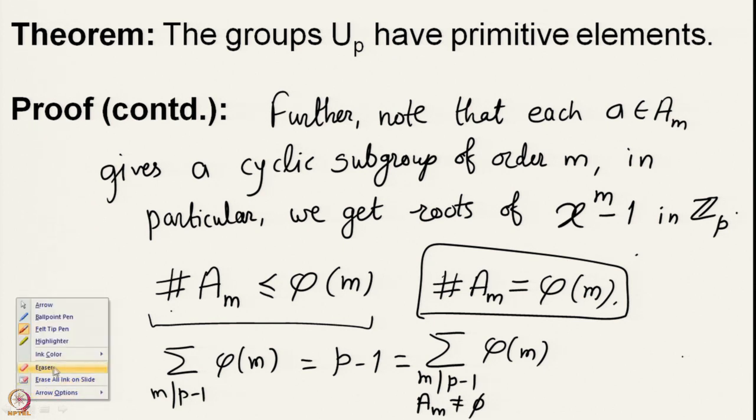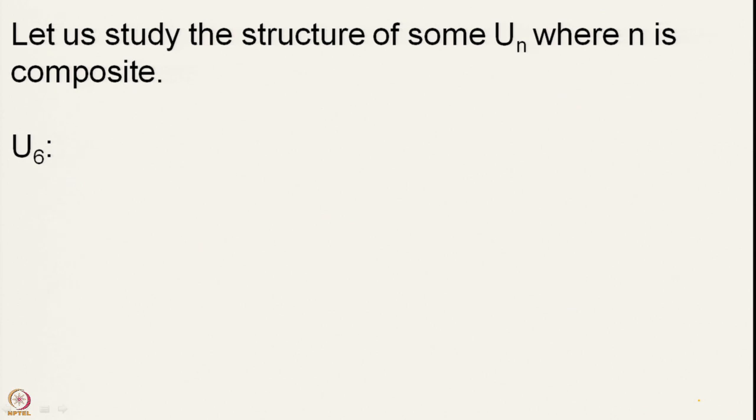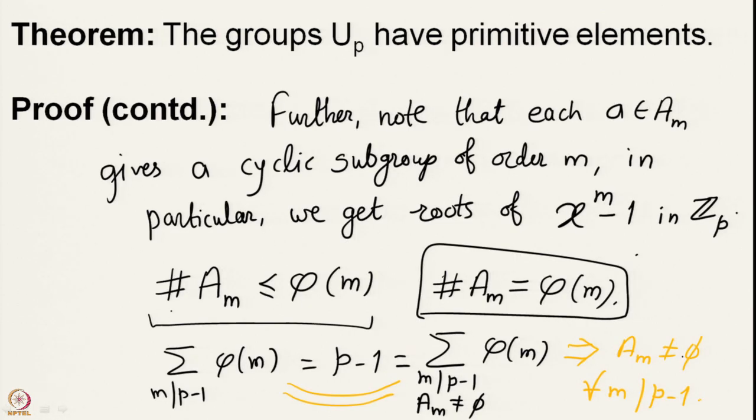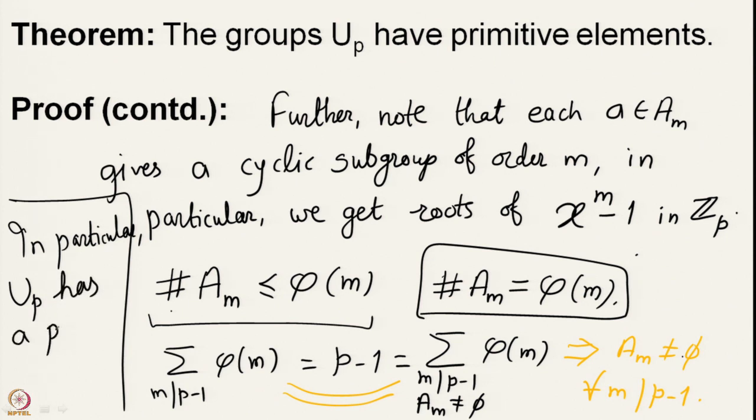Since these two terms are equal, you should have that A_m is non-empty for every m dividing p minus 1, which tells you that for every divisor m of p minus 1, there is an element of order m, and therefore we get that in particular U_p has a primitive root.